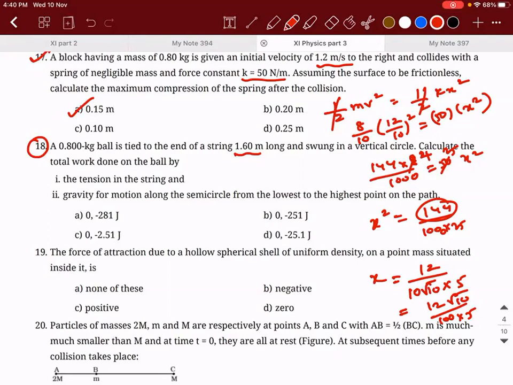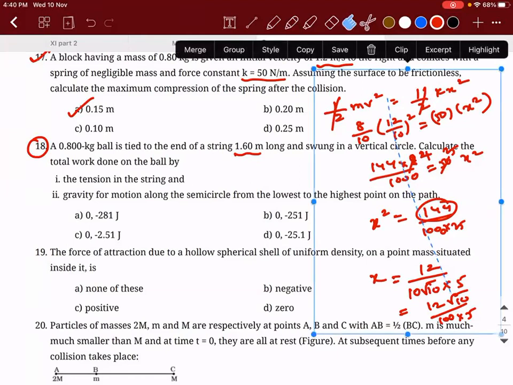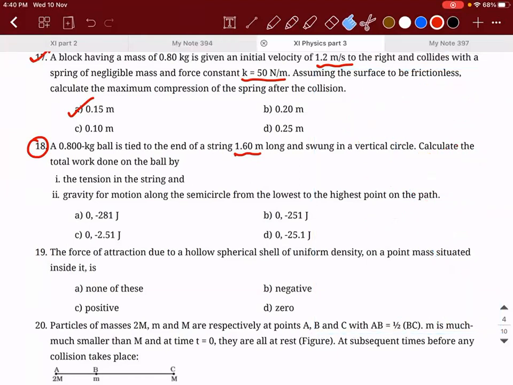So work done by tension is 0. Right? Because tension and the displacement are taking place in the same direction. Now they asked what is the work done by the gravity for motion along the semicircular path when the object has gone from here till here.